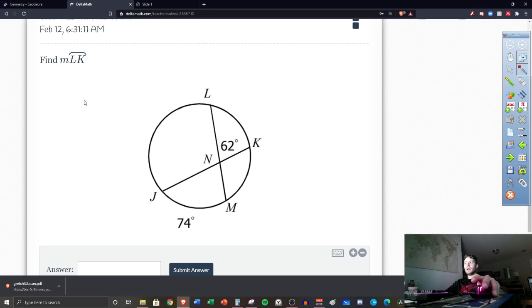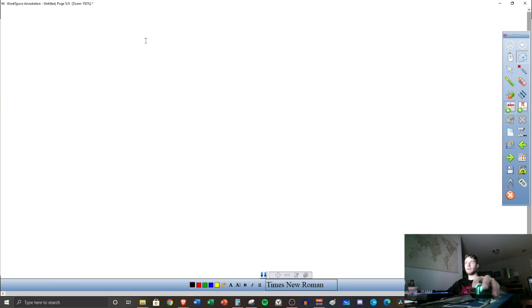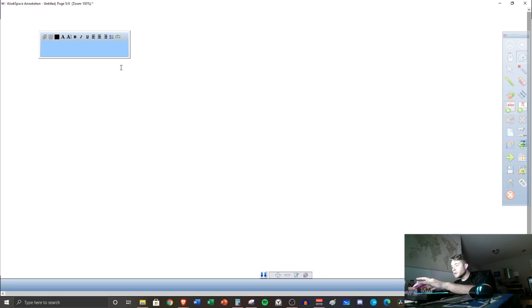Cool. All right, last properties of chords that we're going to talk about, and then we'll be done with our lesson. So final topic for chords. So we have chords and intersecting radii diameters.